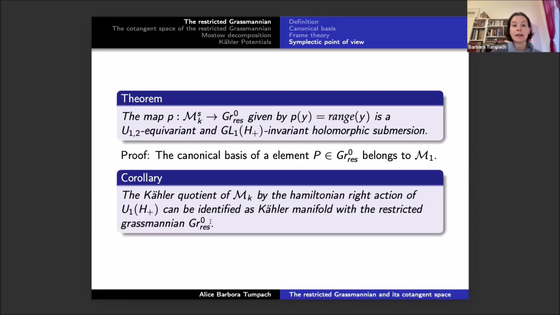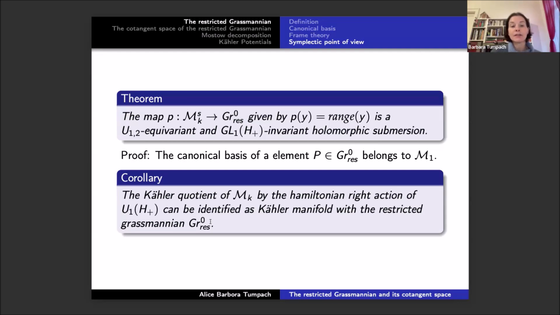And this is actually a holomorphic submersion, which is equivariant with respect to the action of U12, and also invariant by the action of GL1. So the surjection is simply obtained by considering the canonical basis of an element P in the restricted Grassmannian, which actually belongs to M sub 1, so with K equal to 1 in this case.